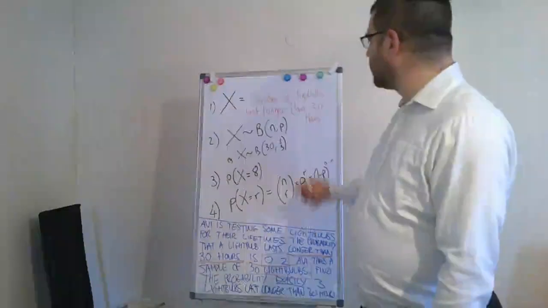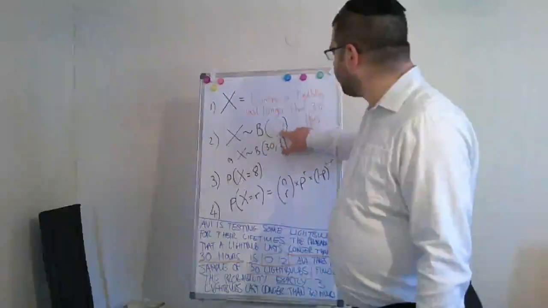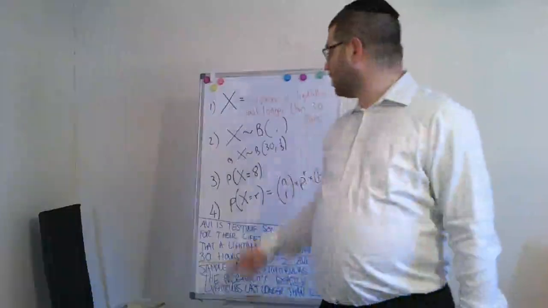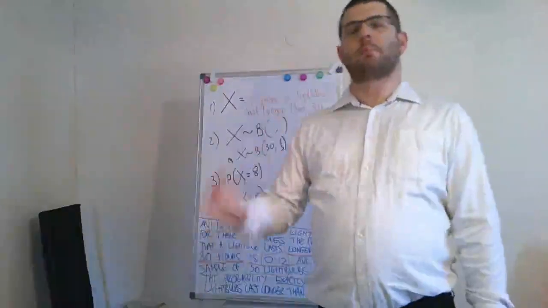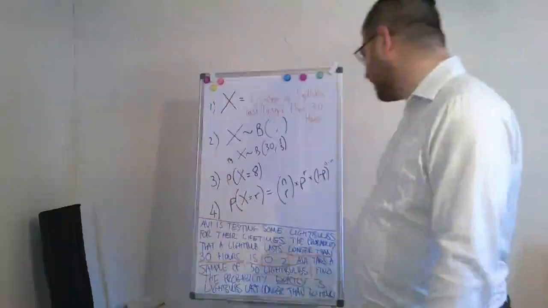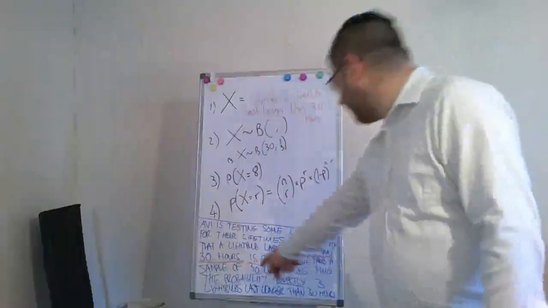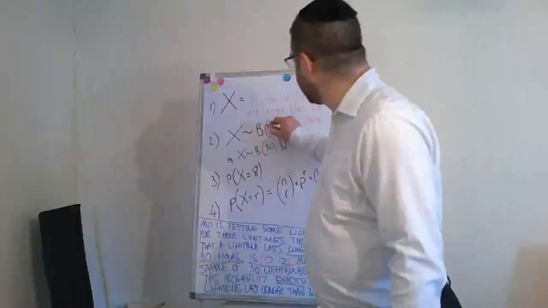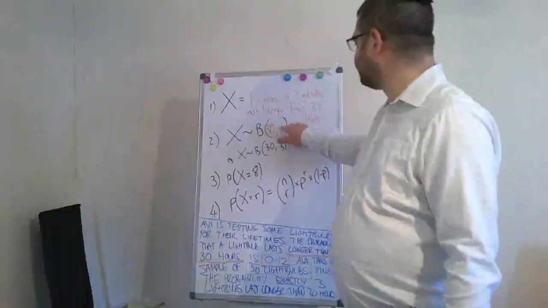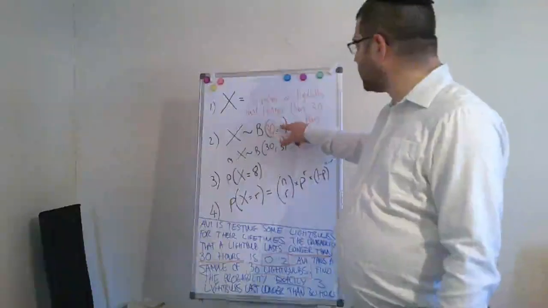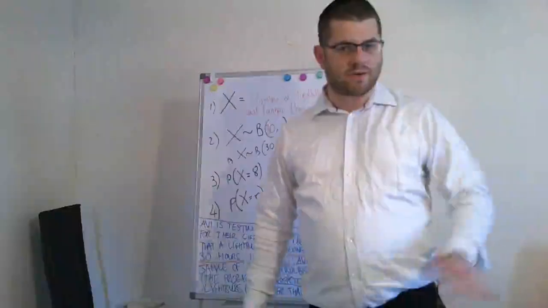Okay, now let's fill this in. Right? So having established this as a binomial distribution, how many trials do we have? Remember, you're testing light bulbs, so the number of trials is how many light bulbs you have. It tells us that there are 30 light bulbs. So therefore this is 30. And this is the P. That was my example that I gave, just a random example.